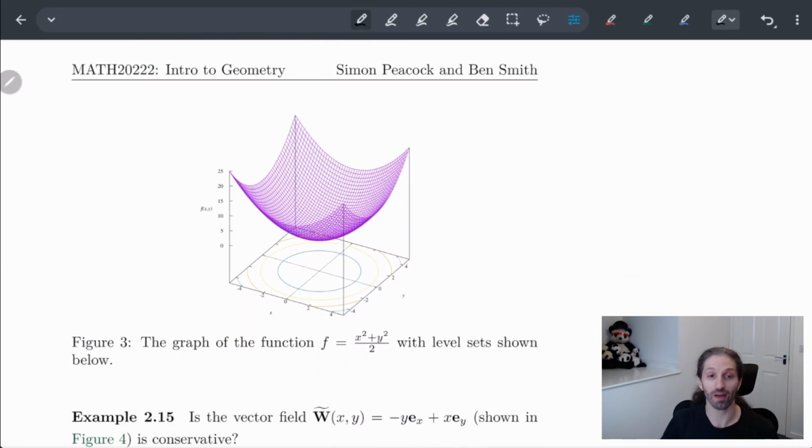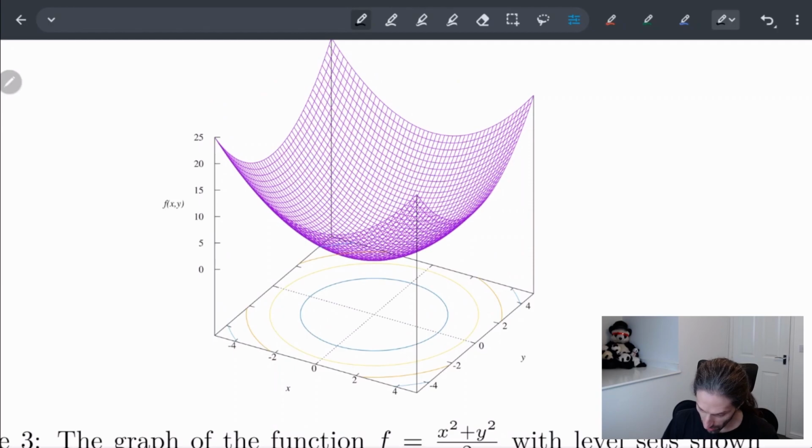Here I have the graph of f, and you can see the level sets on the bottom. Let's zoom in a little. Here on the bottom you have the different level sets, and you look at the tangent vector to this, where the direction is that f increases the most. So what direction is f increasing the most? This is where the idea of tangent is coming from.